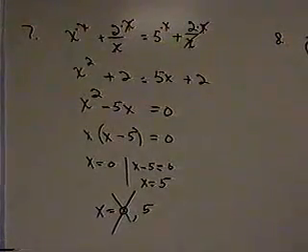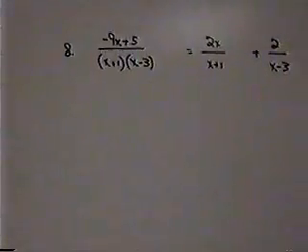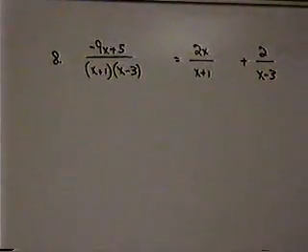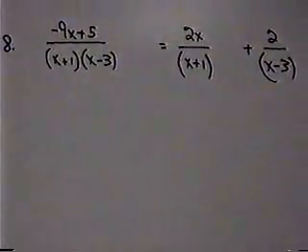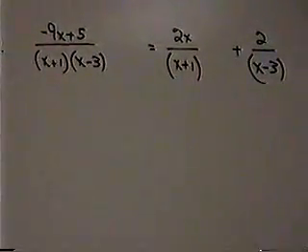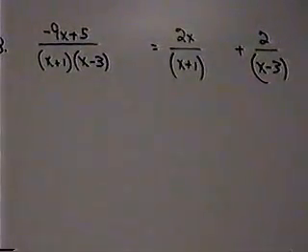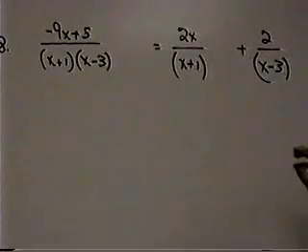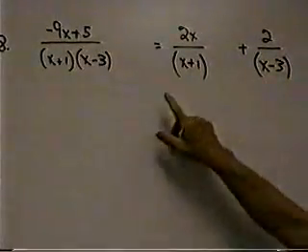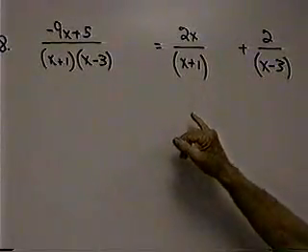Okay. Number 8. All right, the first thing we do is put binomials in parentheses. Now, common denominator. Common denominator is all the different factors. Well, we have an x minus 3, and we have an x plus 1. So those are the different factors.